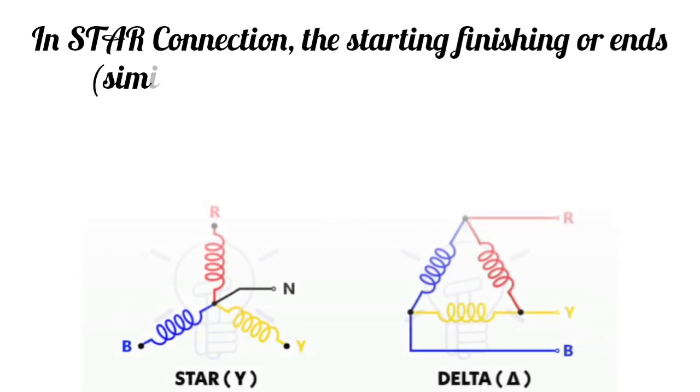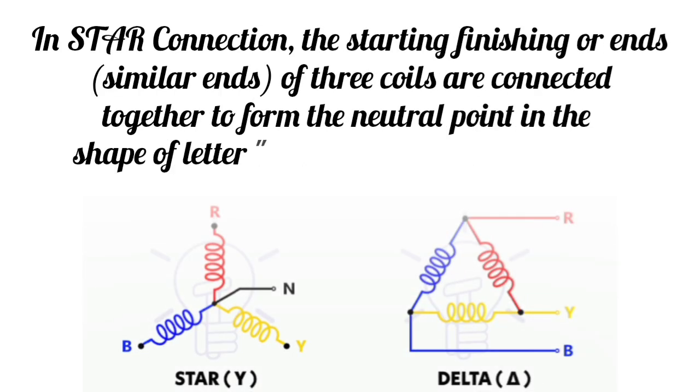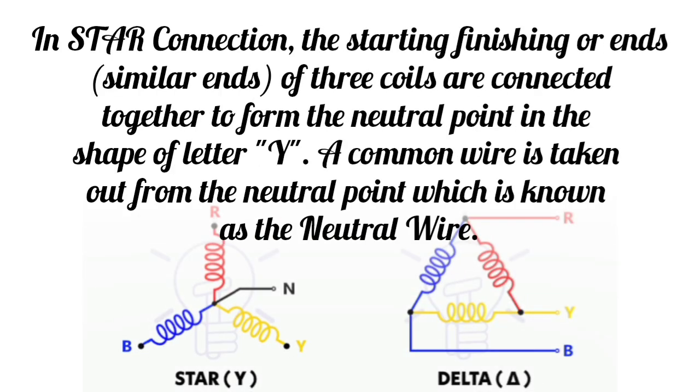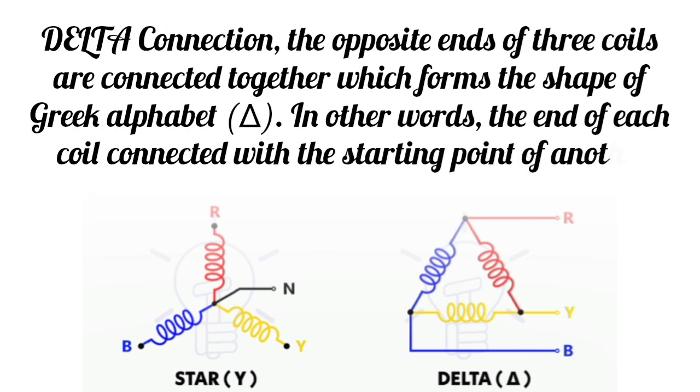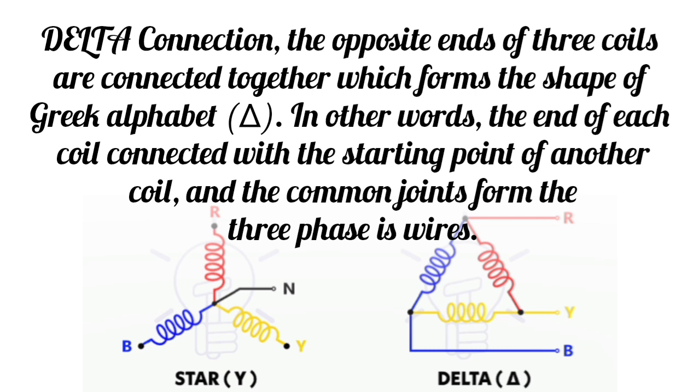In star connection, the similar ends of three coils, starting or finishing, are connected together to form the neutral point in the shape of the letter Y. A common wire is taken out from the neutral point, which is known as the neutral wire. In delta connection, the opposite ends of three coils are connected together, which forms the shape of the Greek letter delta.